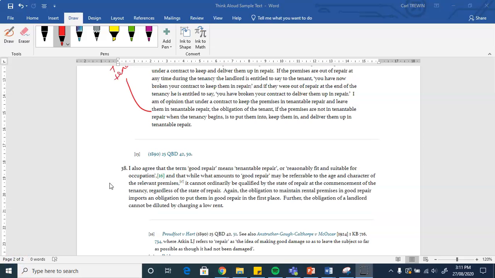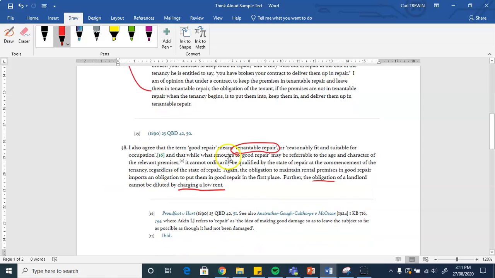So it is interesting to me, and what I'm thinking is that the discussion here really centres on what it means for something to be in tenantable repair at the beginning and the end of the tenancy. What the judge is saying, I'm thinking, is that it's a fairly set standard regardless of the condition, and that obligations to put something in tenantable repair, either for the tenant or the landlord, exist regardless of the nature of the rent.